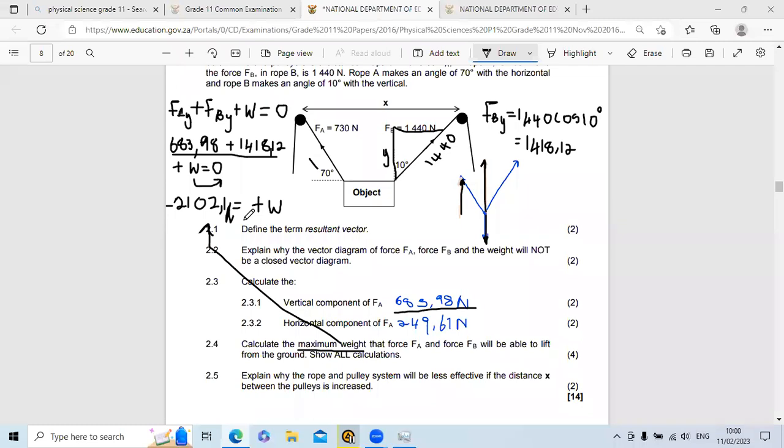Not really. When it's in the middle of the air, there's no normal force. The normal force needs a surface to exist. So I understand what you're saying, but let me just explain this. When they say the maximum weight, that means this object has to be close to not moving.